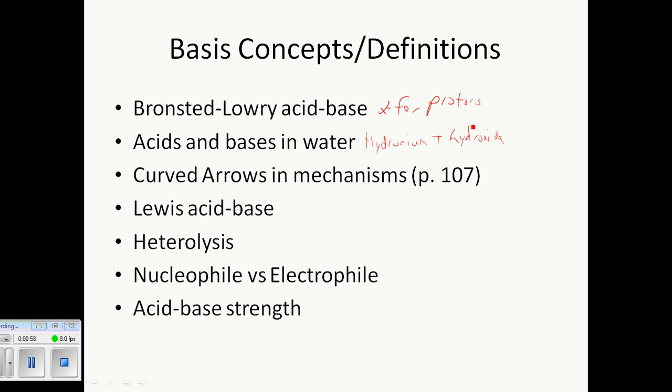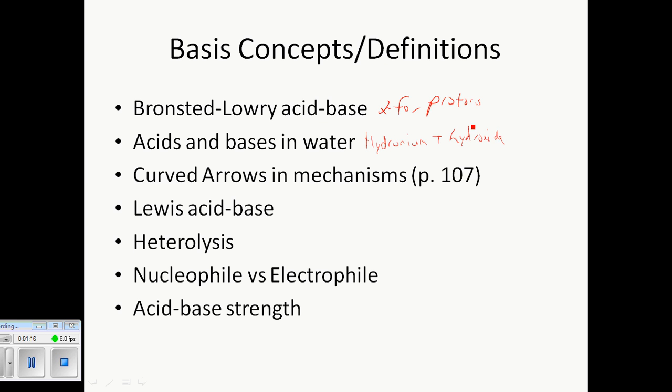And then you're going to talk about using curved arrows to draw mechanisms. This is the bread and butter of organic chemistry. This is how you show how electrons move in order to logically make bonds and break bonds.